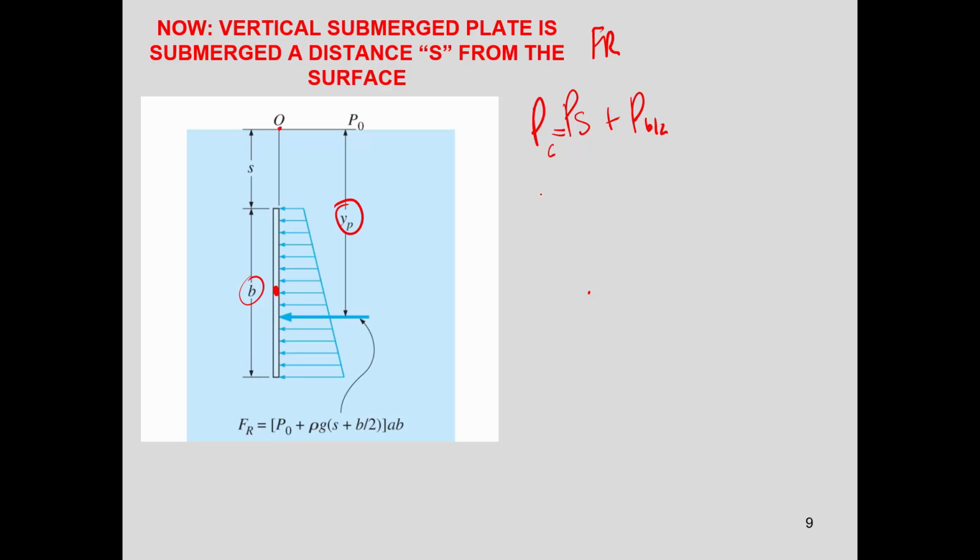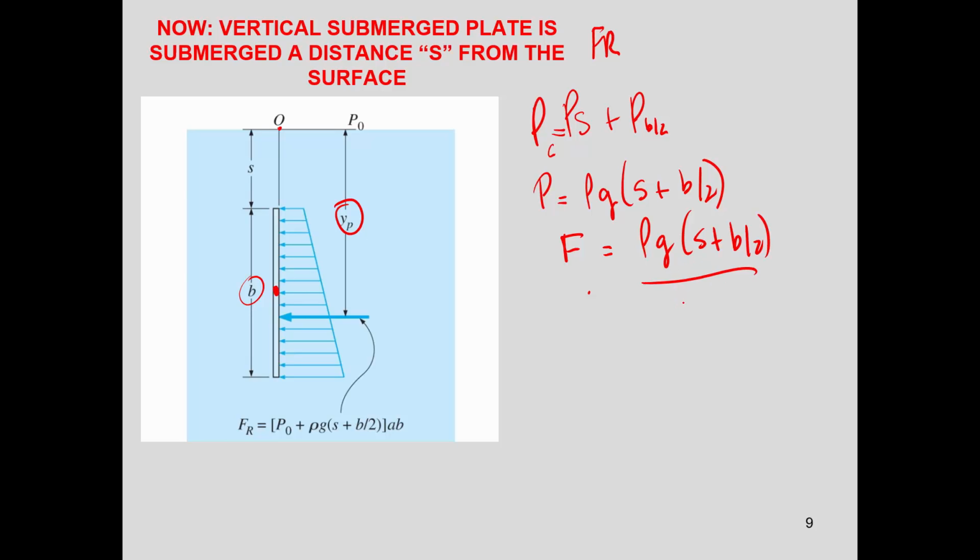Okay? So the gauge pressure would be rho g (s plus V over 2), which would be here. So the resultant force would be that pressure times the area of the plate.